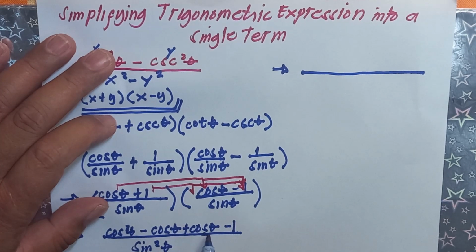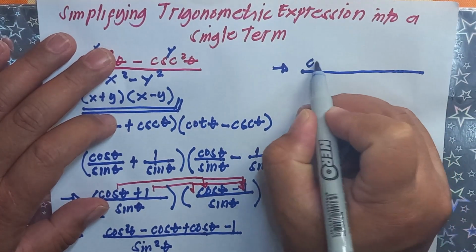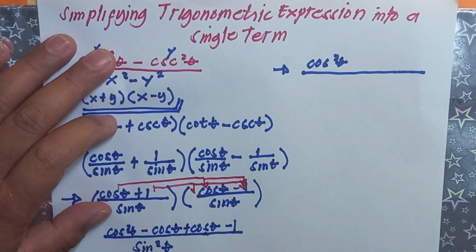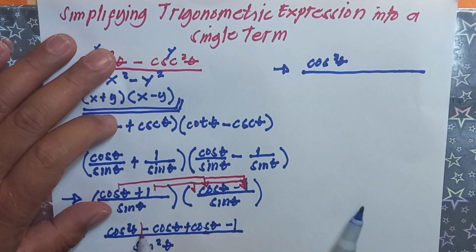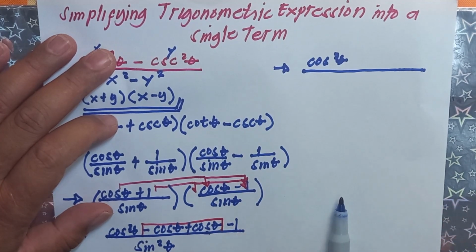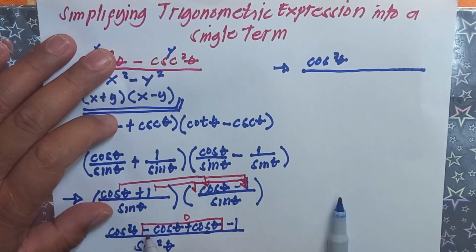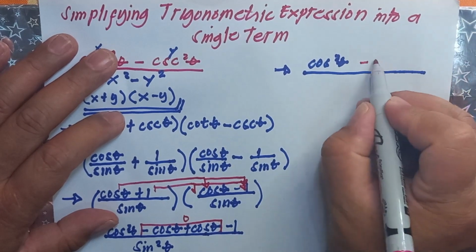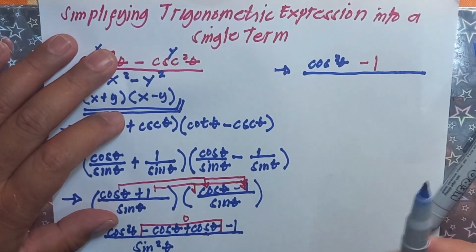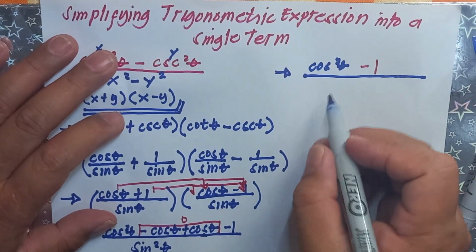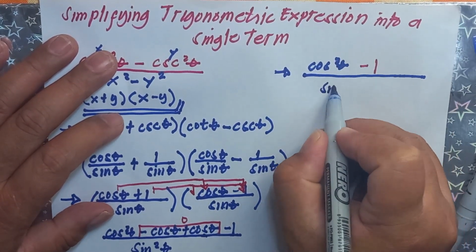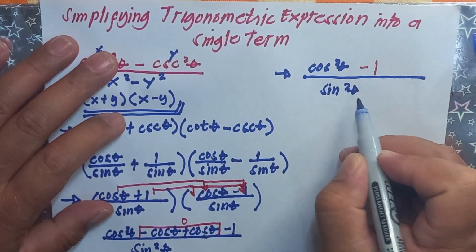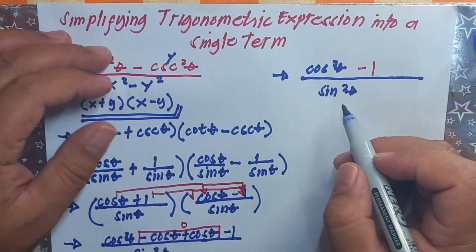Cosine squared theta is alone, so we copy it. The cosine theta terms are similar: positive and negative, so they give you 0. What is left is minus 1. What about the denominator? Our denominator is sine squared theta.